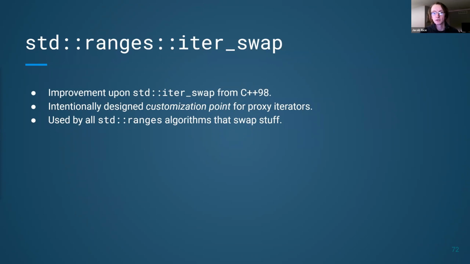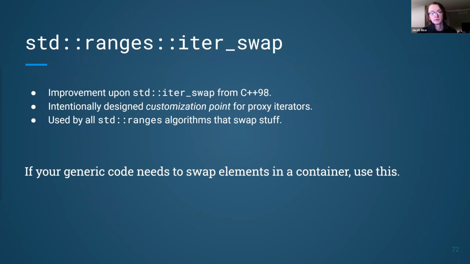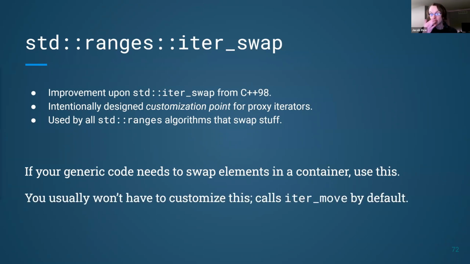So that's not very helpful. So the std ranges version accounts for that, and it'll always use your version if you can. And your code should always use it too. If you're going to be swapping elements or moving elements around in a container, you got to do this. That said, you shouldn't have to customize this for your iterator types. Instead, you would customize iter move, which is what we're going to look at next.